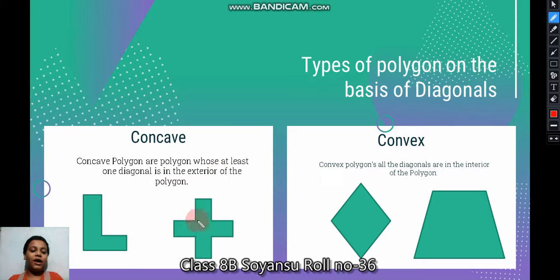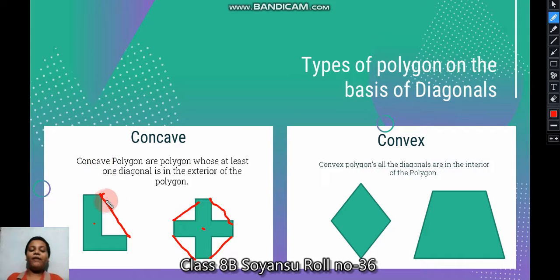You can see here, one line segment that joins these 2 points is outside this polygon. And these 4 diagonals which connect these 4 sides are also outside this polygon.